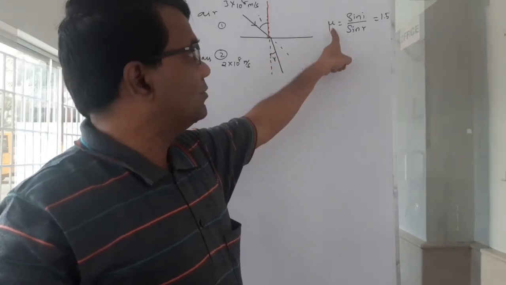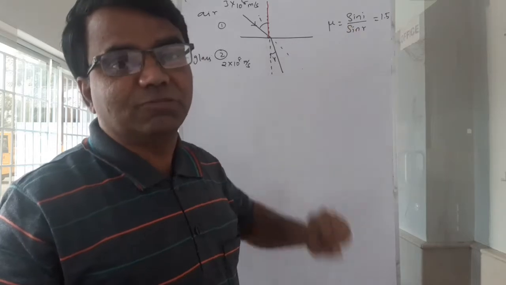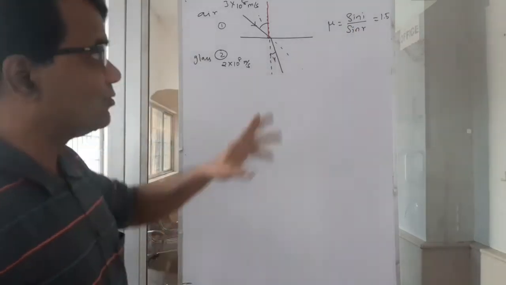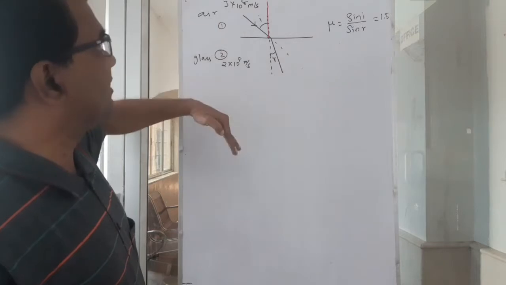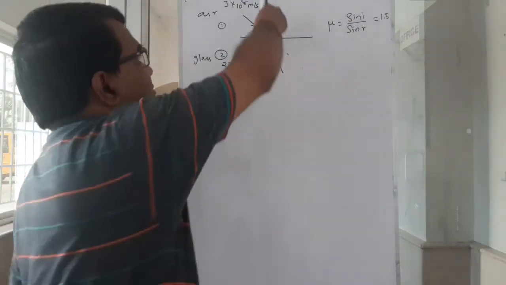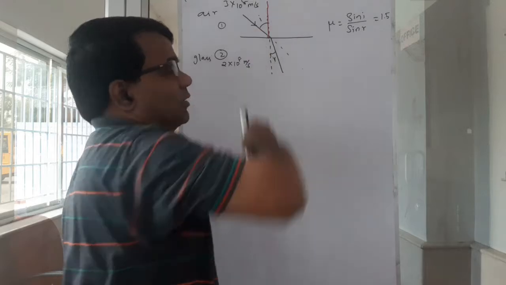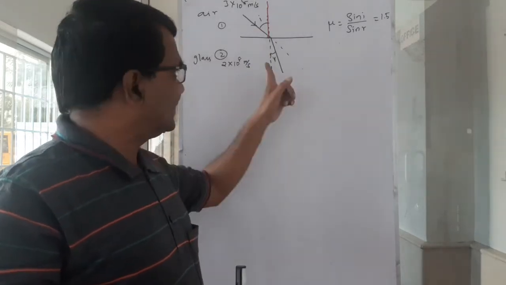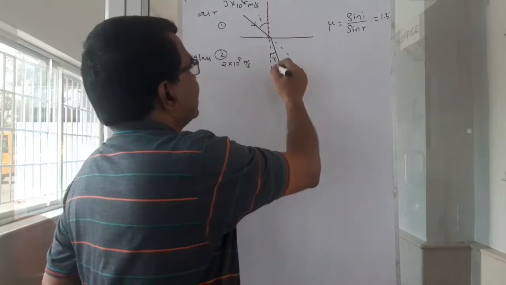then my mu will become 0. This calculation will go wrong. Because you know, the refractive index is the ratio between the speeds. It's always 1.5. But now I got sin I, which is 0, because this ray is going through the normal. Then what will happen to the refracted ray?